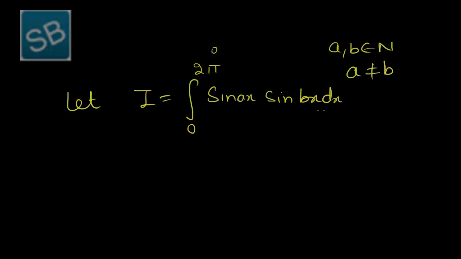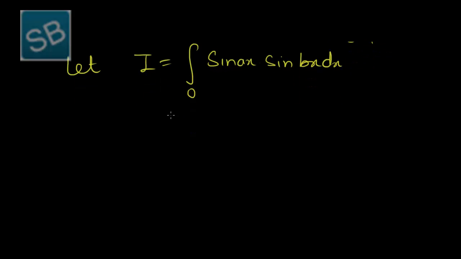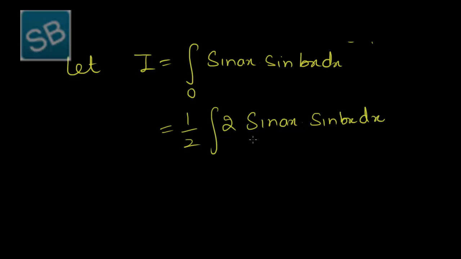So we multiply and divide by 2, that is half, 2 times sin of ax into sin of bx, over the variable x that is varying from 0 to 2 pi.